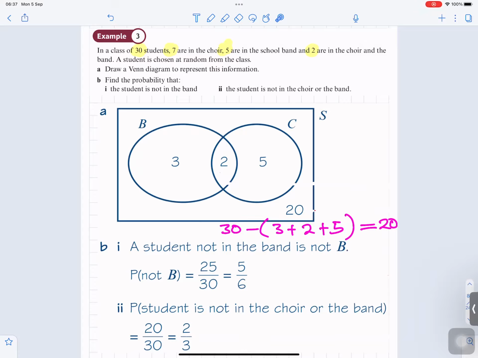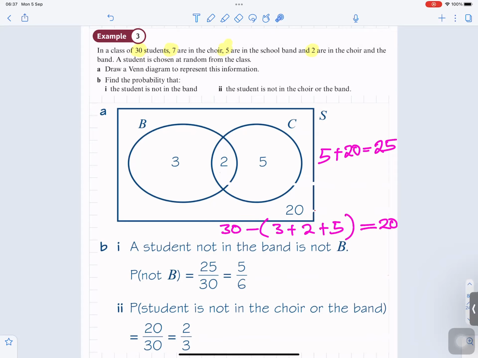And then outcomes which are not in B. This is B, I've circled. What is outside B is the 5 and the 20. So outcomes which are not in B is 5 plus 20, which is equal to 25.